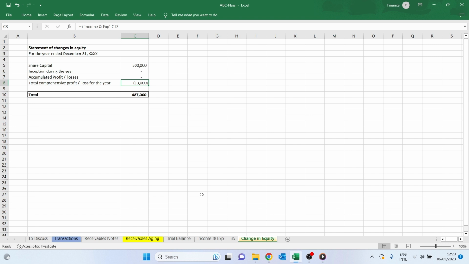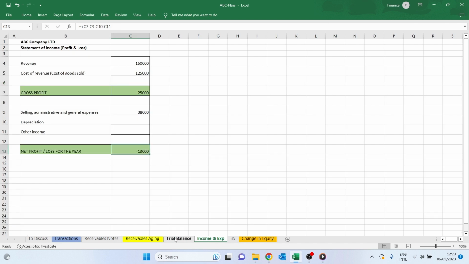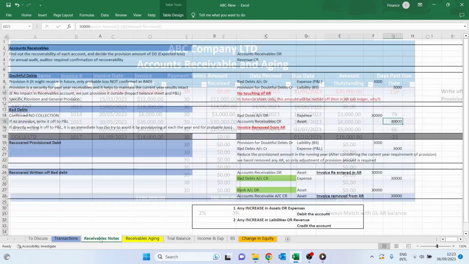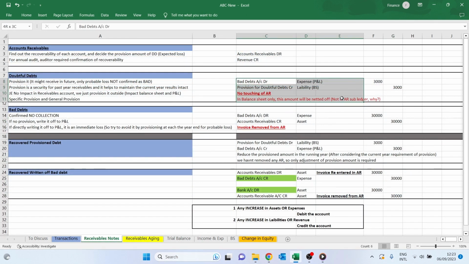Okay. Now another part we have to correct is our receivables aging part, because even though we have removed in GL and all other accounts this 30,000, we need to remove this in receivables also. In ERP and in any other accounting system, once we have entered this entry, only this entry is connecting to receivables aging.